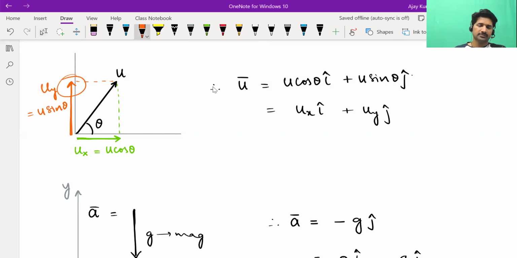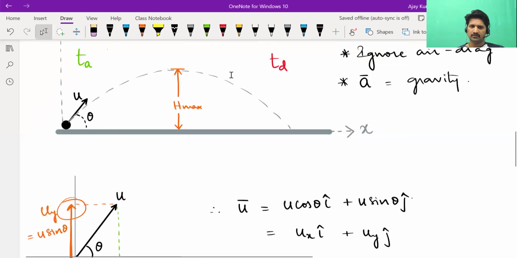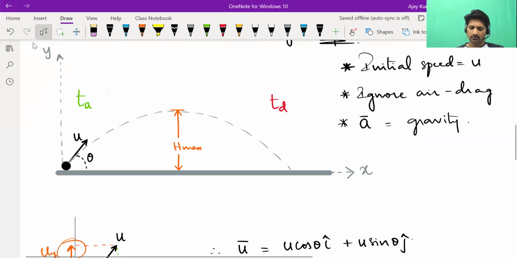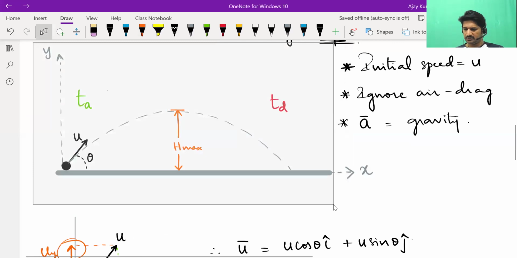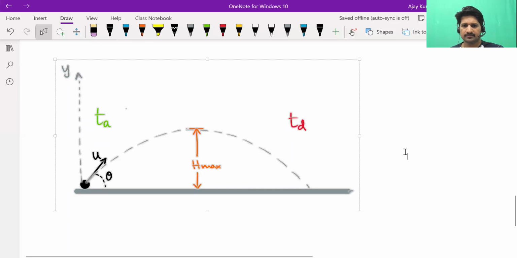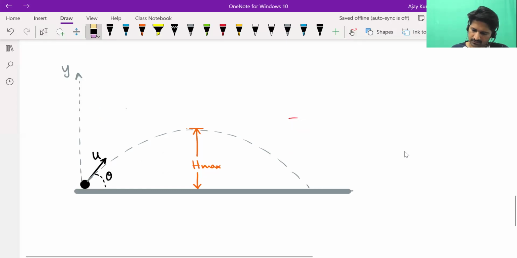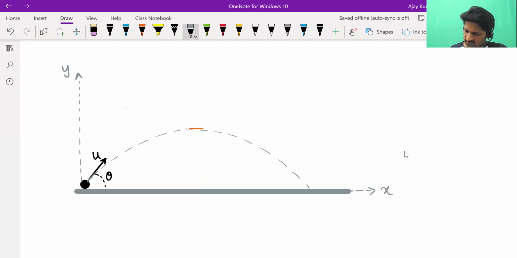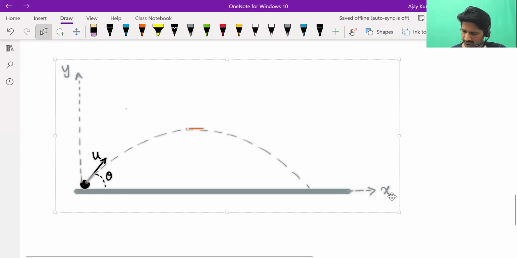You see that the y component is pointed upward. The ball is thrown up at an angle like this. The y component is pointed upward, but we know gravity is downward. So what should happen? The y component should go on decreasing. So you can imagine something like this. Let me copy paste the diagram. At any instant during flight, the x component of velocity remains the same.